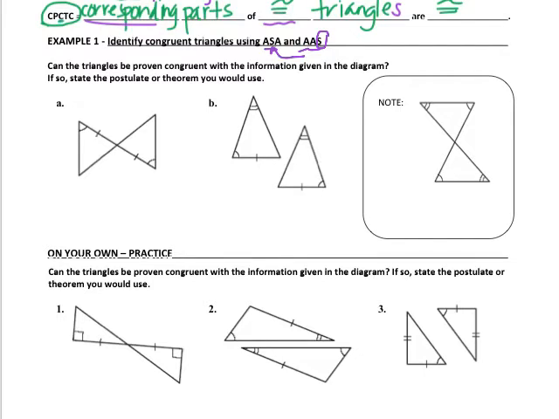So for problem A right here, it looks like we have some congruent vertical angles. So we want to keep using all the things that you used in the first semester, all your terms that you know, and that means that those two angles are congruent right there. So that looks like we have an angle, a side, because that one tick mark there is a side, and then another angle.